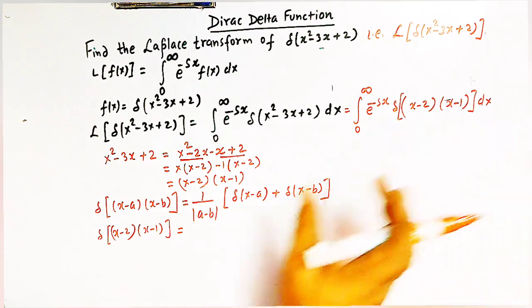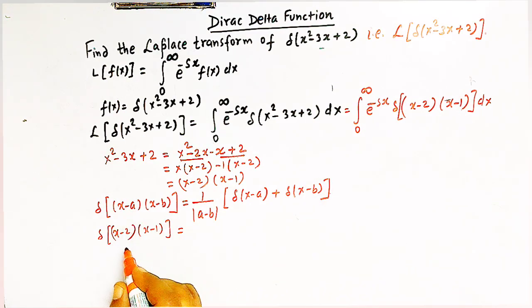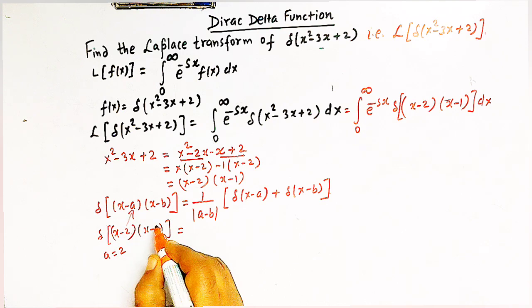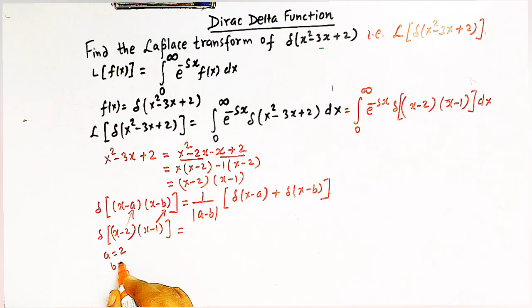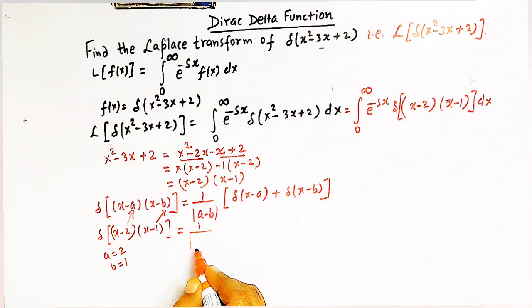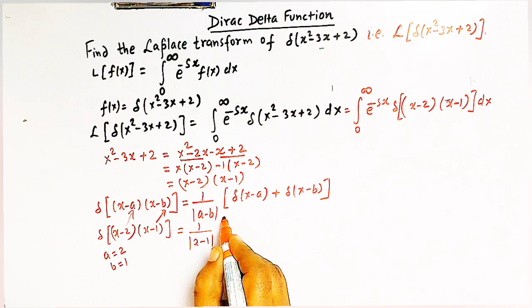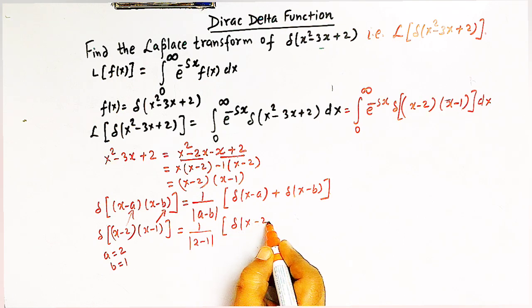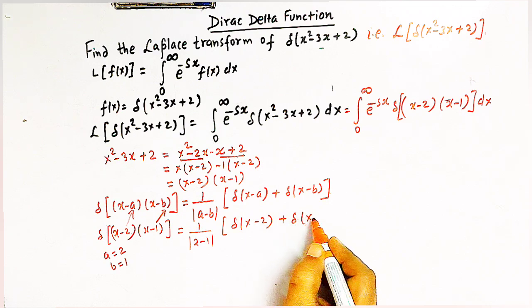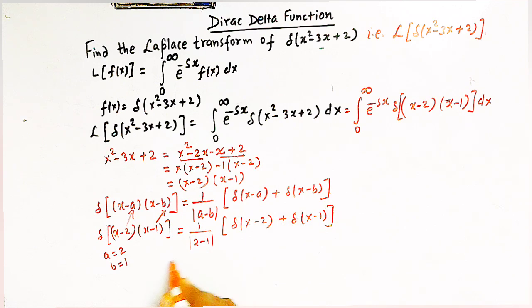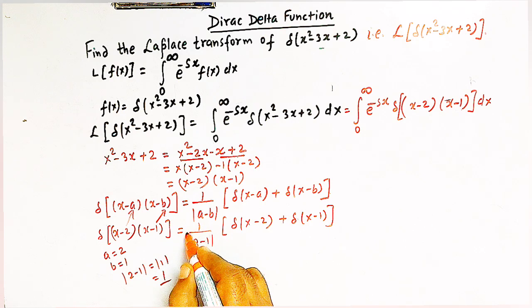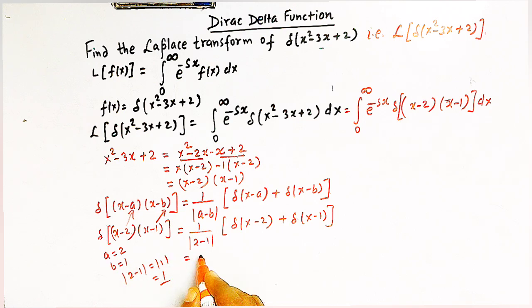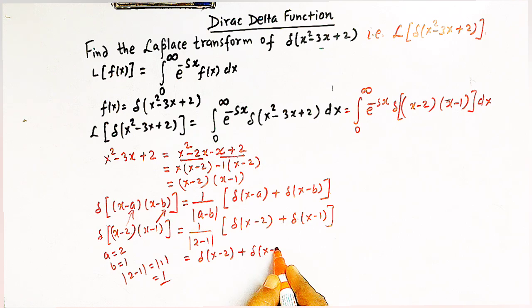So now comparing this delta function with this one, we can see that the value of a can be taken as 2, and the value of b can be taken as 1. So here we have 1 over mod of 2 minus 1, and here we have delta of x minus 2 plus delta of x minus 1, and mod of 2 minus 1 is mod of 1, that is equal to 1. So this quantity is equal to 1. So we have here a delta of x minus 2 plus delta of x minus 1.